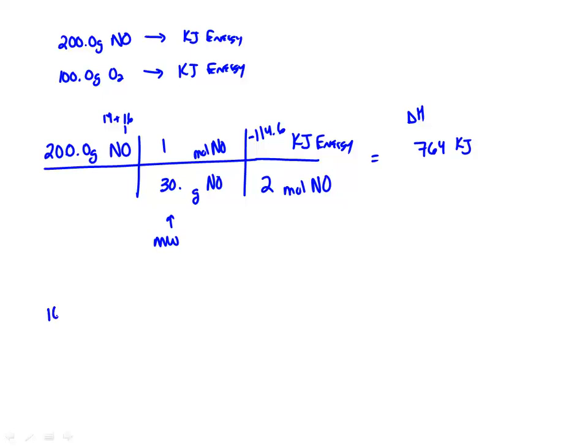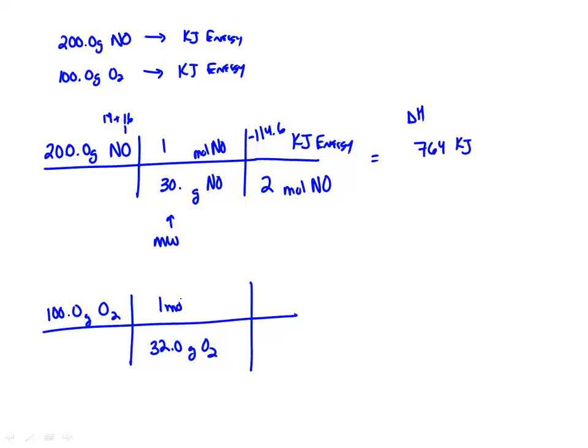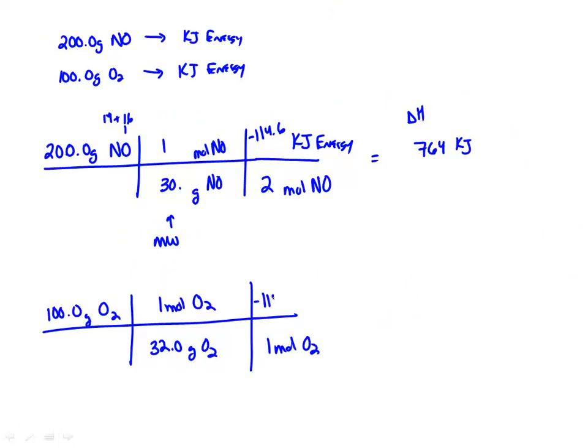And then, of course, for a limiting reactant calculation, remember, we've got to do everything twice. So 16 and 16 is 32.0 grams of O2 is 1 mole of O2. And checking the balanced reaction, 1 mole of O2 is minus 114.6 kilojoules. I'm sorry, I forgot the negative sign up there.